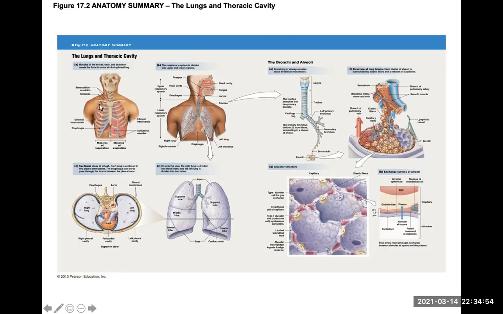And on the left here, it's going to show you the sternocleidomastoid, the scalenes, external intercostals, and the diaphragm, which are for inhalation. And then for exhalation, you're going to use the internal intercostals, which makes sense, right? The antagonistic muscles. And then your rectus abdominis and your obliques for expiration or exhalation.